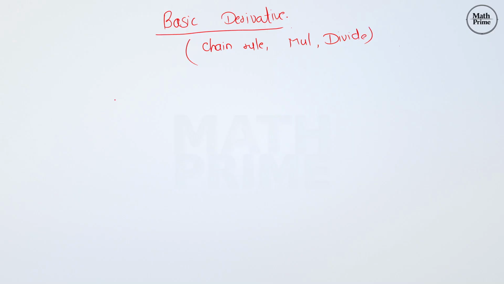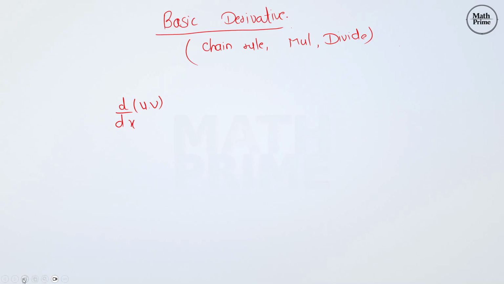Let's do basic derivative formulas like one is chain rule, when we multiply and divide. Let's understand. Let we have to find derivative of u and v with respect to x.